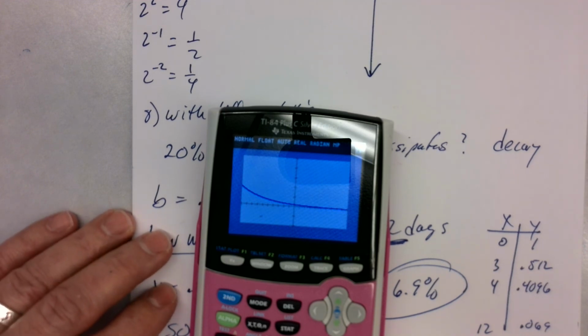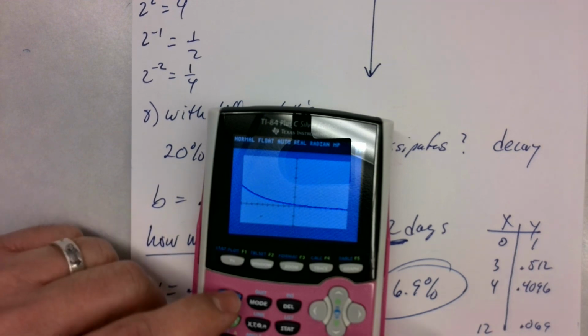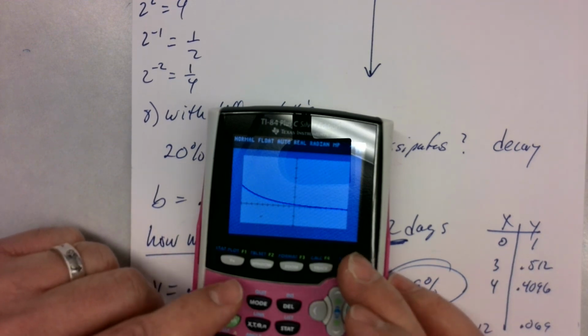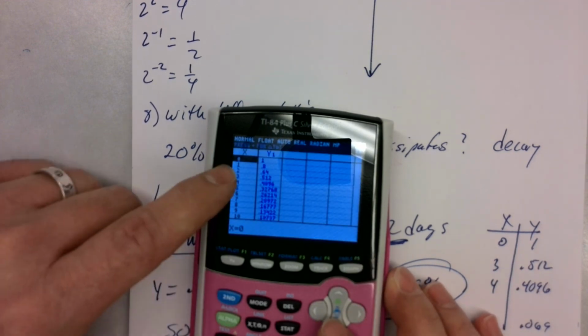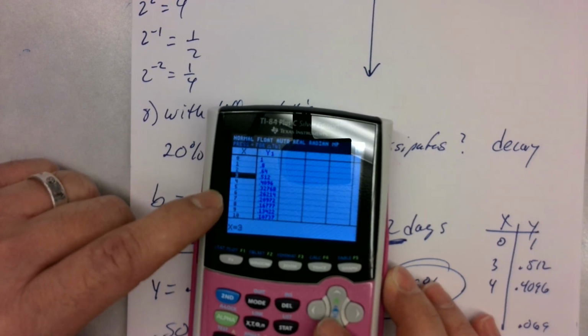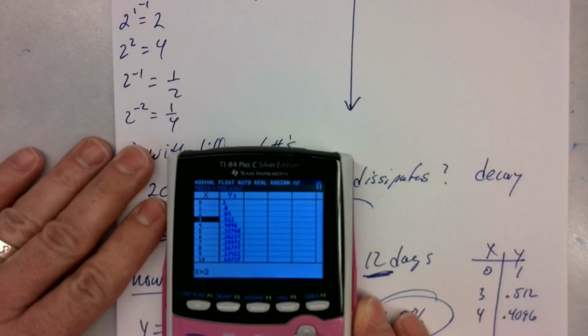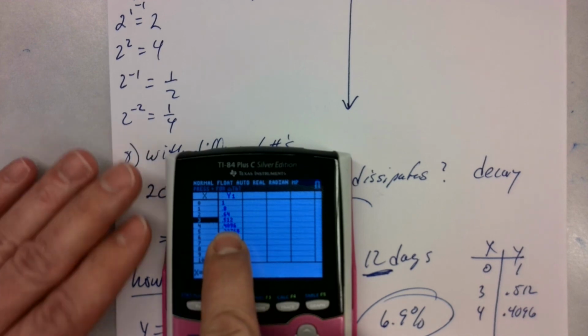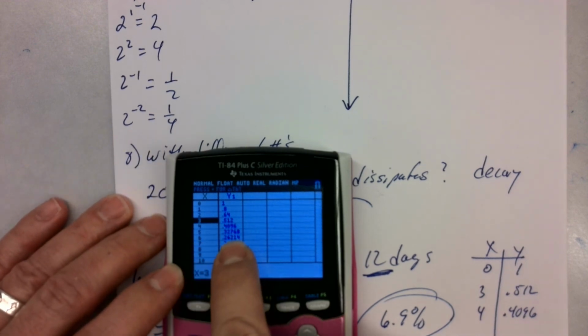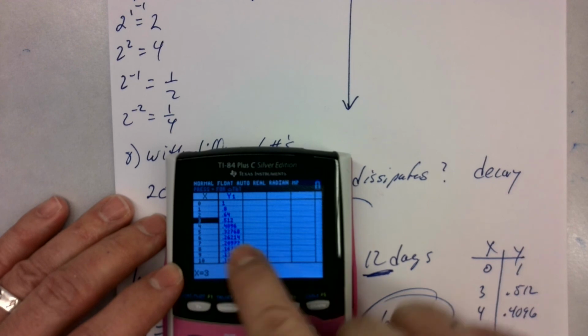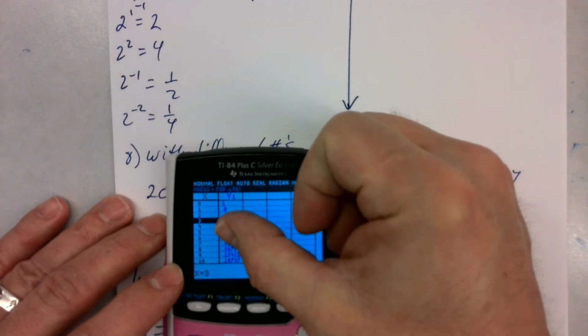Okay, so obviously decay like we talked about. Watch. Go second table. And we need to be right there. See how 3, you can't see that, but 3 says 0.512, 4 says 0.4096. So obviously it's between day 3 and 4.